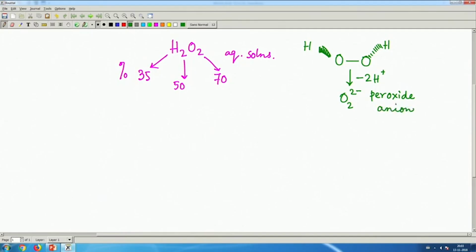So we will see how this can be utilized, because it has very useful applications as oxidizer, as bleaching agent, or as antiseptic.